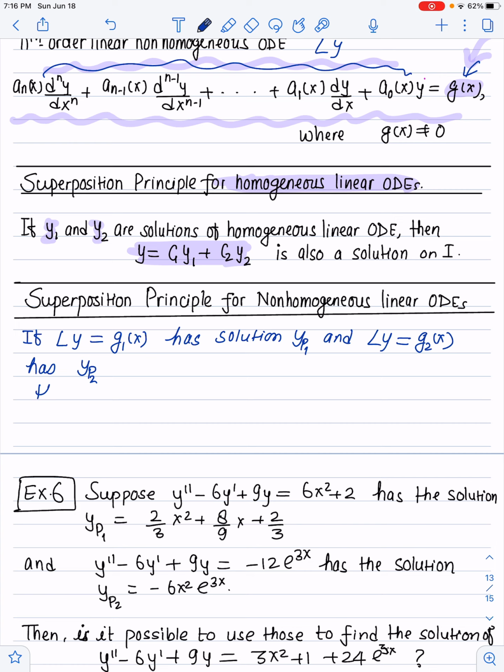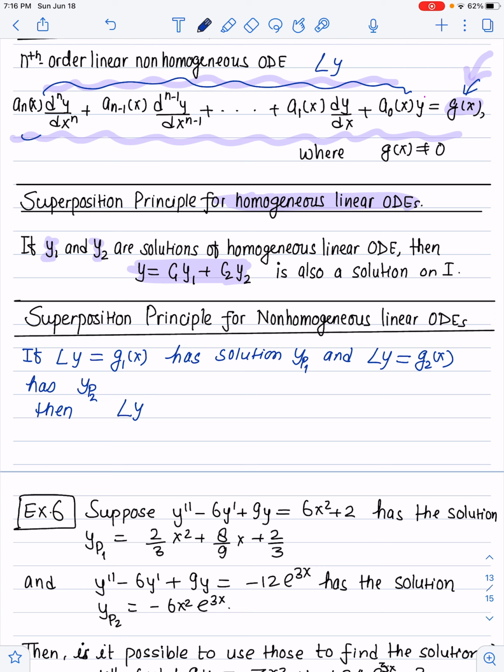Then the non-homogeneous linear ordinary differential equation with L of y, the same left side, equals c1 times z1(x) plus c2 times z2(x). I just changed the right part by this value.